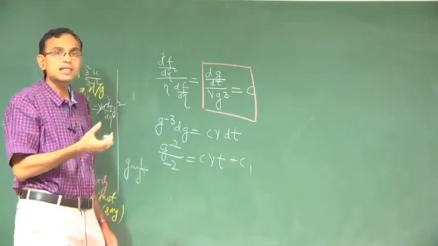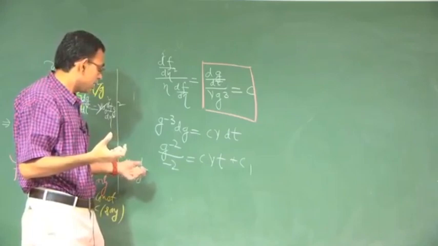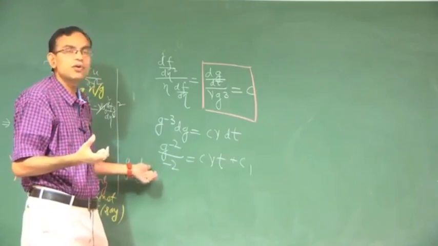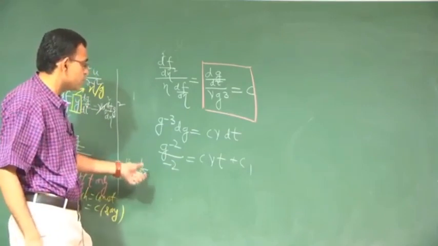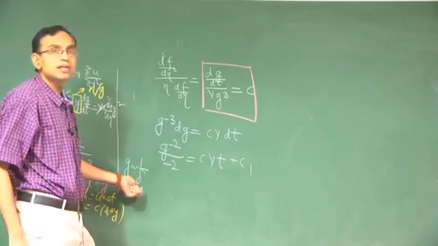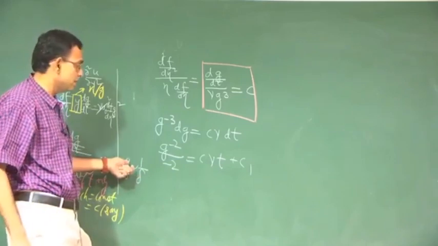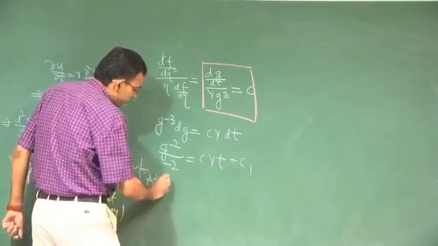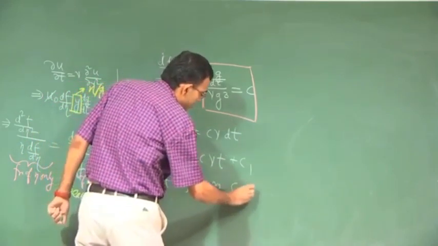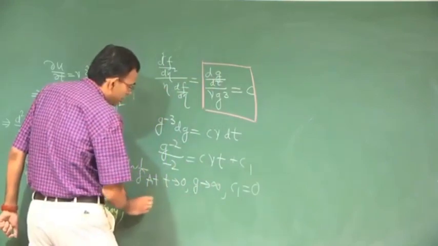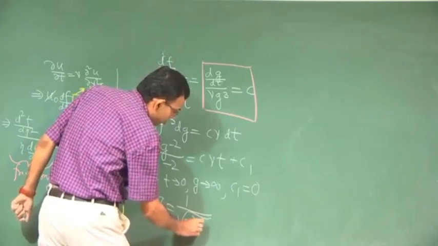Delta is the penetration depth, that at a given time t how much of the fluid understands the effect of movement of the plate. At time tending to 0, delta will be 0 because the plate movement has just started. So, then g will tend to infinity. So at time equal to 0, g tends to infinity, that means c1 is equal to 0. So, you can write g is 1 by square root of minus 2 c nu t.